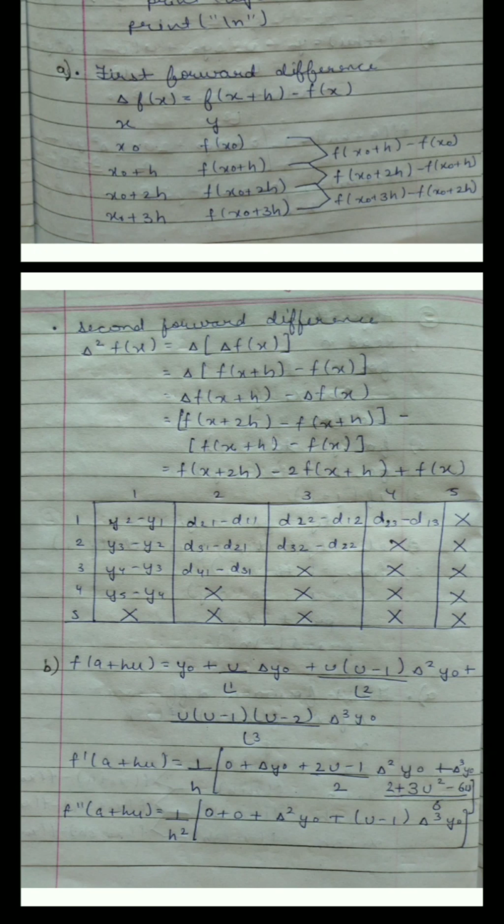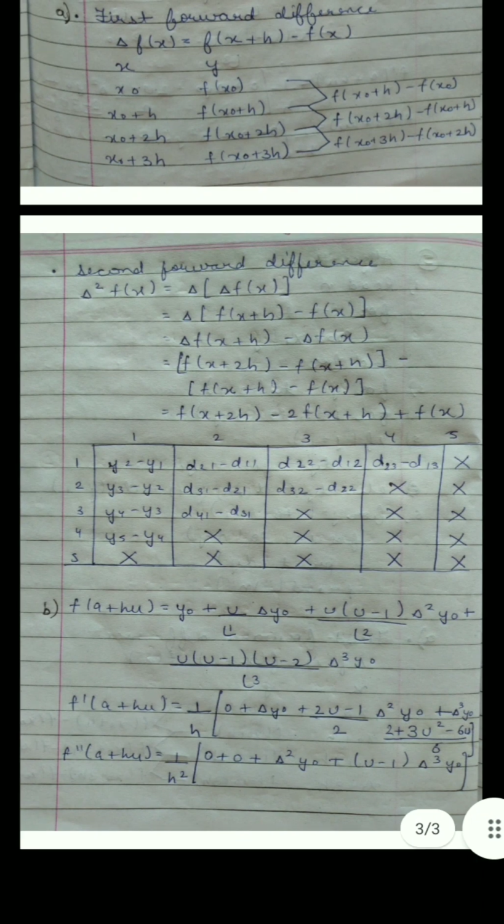The first forward difference is delta f of x is equal to f of x plus h minus f of x. The second forward difference is f of x plus 2h minus 2f of x plus h plus f of x. The table is as follows.